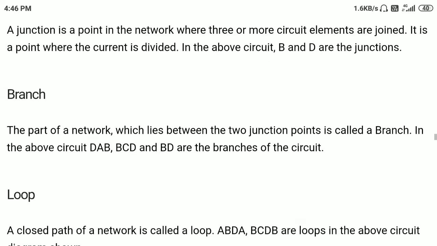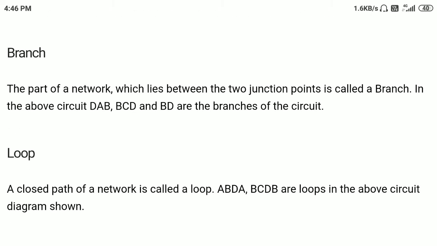Next, branch. The part of a network which lies between two junctions is called a branch. So in the above circuit, DAB, BCD and BD are the branches of the circuit.